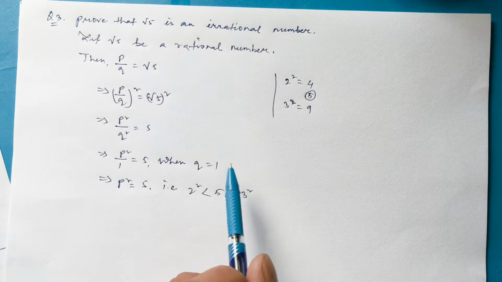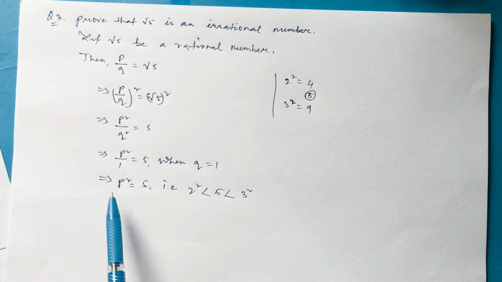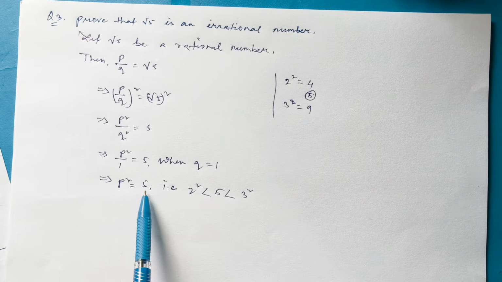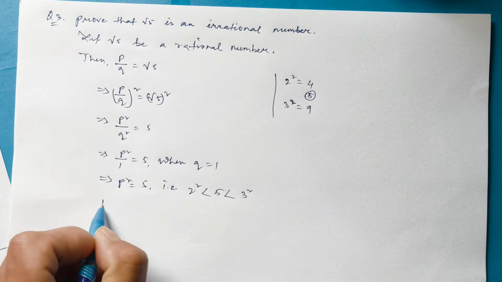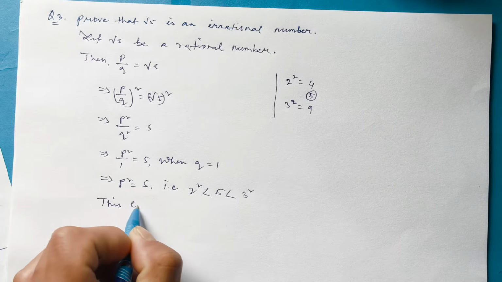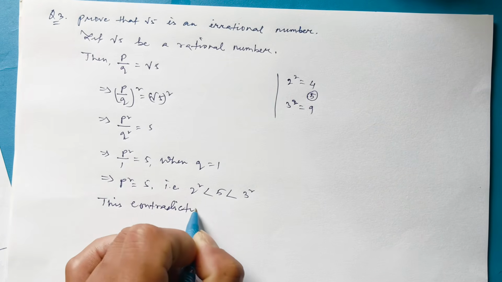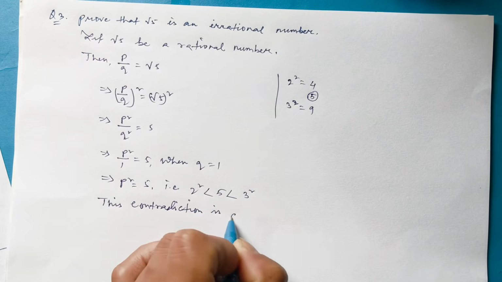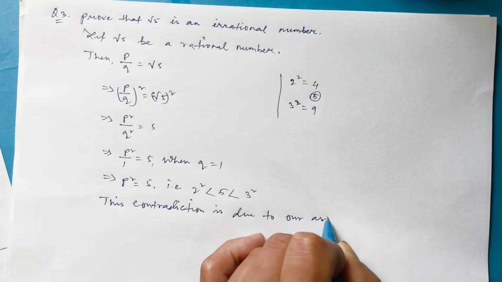So first we have taken that root 5 is a rational number. But here there is no rational number whose square is 5. That is why this contradiction is due to our assumption.